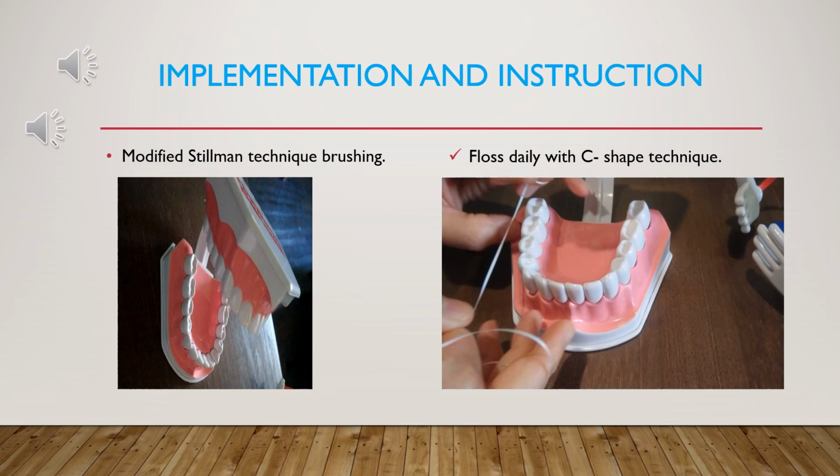In this video, I demonstrate the modified Stillman brushing technique, with the bristles of the toothbrush angled at 45 degrees, going into the pocket of each tooth and moving back and forth gently, and after that wiping off from the gum to the tooth.